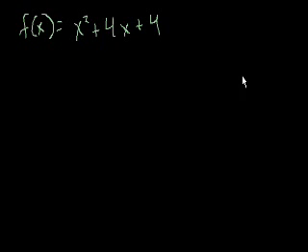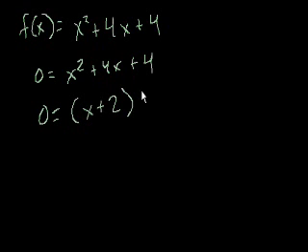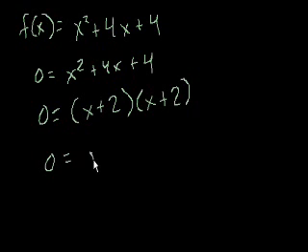If you think about that graph I had just drawn. So if f of x is equal to 0, then we could just say 0 is equal to x squared plus 4x plus 4. And we know we could just factor that. That's x plus 2 times x plus 2. And we know that it's equal to 0 at x equals minus 2.